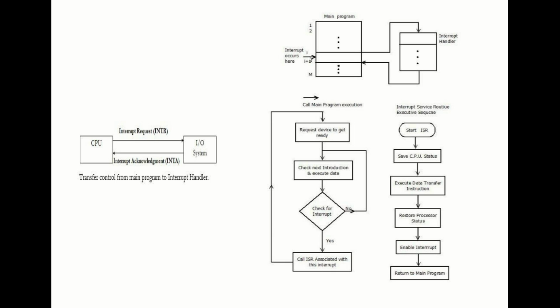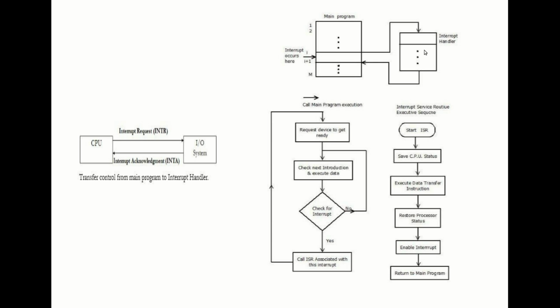By the time the interrupt signal will be generated by the input-output device, and it will interrupt the execution of a program. So when an interrupt occurs, the processor branches its execution from this program to an interrupt service routine. So this interrupt service routine is nothing but the handler for input output operation.